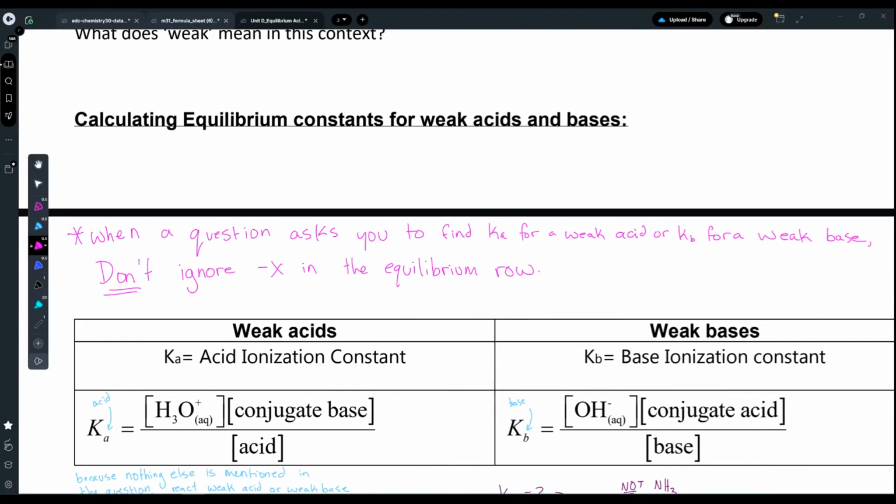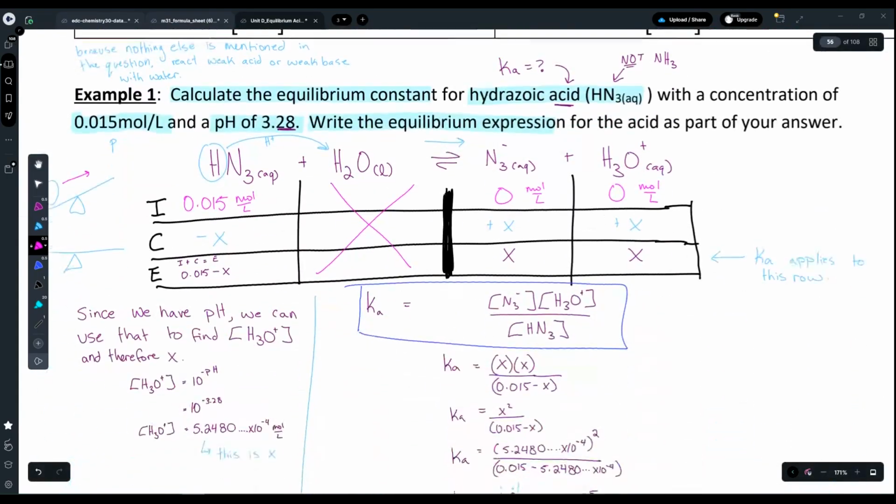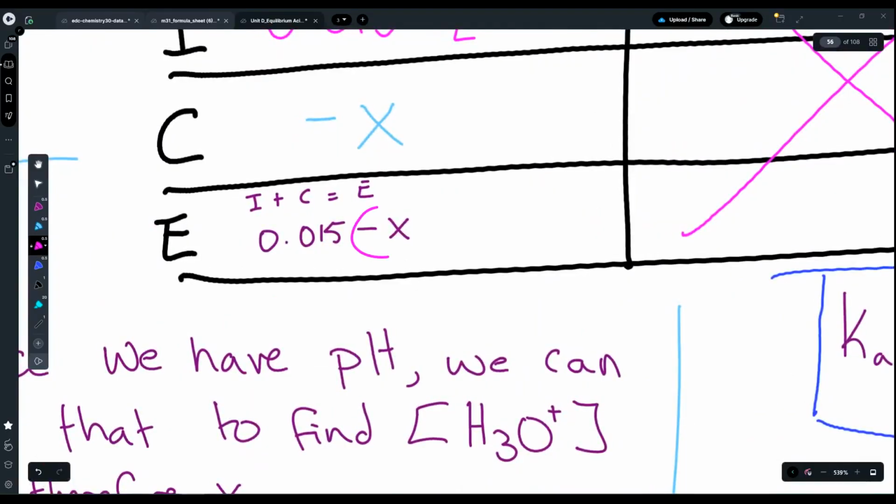Again, when a question asks you to find the Ka for a weak acid or the Kb for a weak base, do not ignore the minus x or the x in the equilibrium row. What I mean by that is this part right here. When you're asked to find Ka or Kb, do not ignore this.